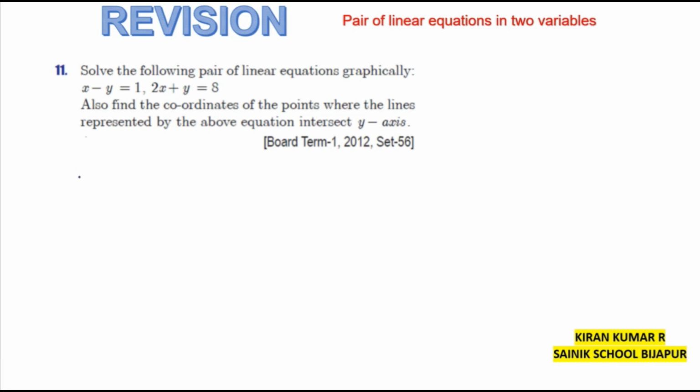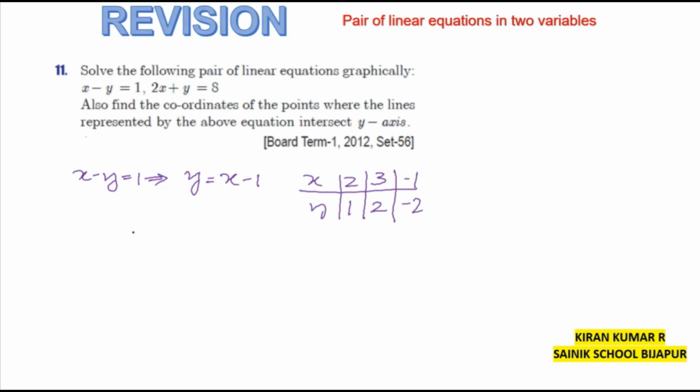For the first equation, x minus y equal to 1, the value of y is written as x minus 1. Now if you take the value of x as say 2, the value of y will be 1. If you take the value of x as 3, the value of y is 2. If it is minus 1, we get it as minus 2.